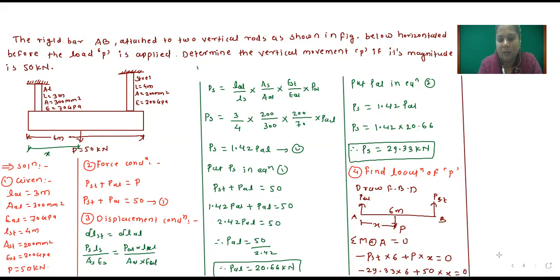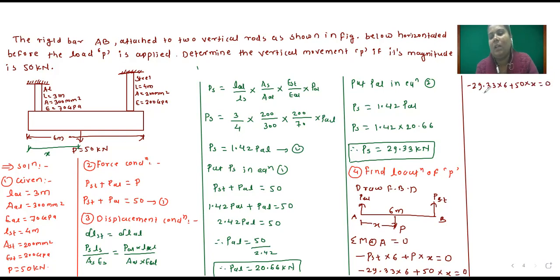Now we will shift this minus 29.33 into 6 to the right side. So you calculate: minus 29.33 into 6 plus 50 into X is equal to 0.